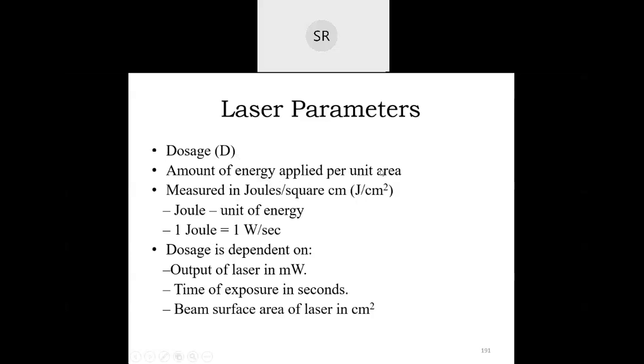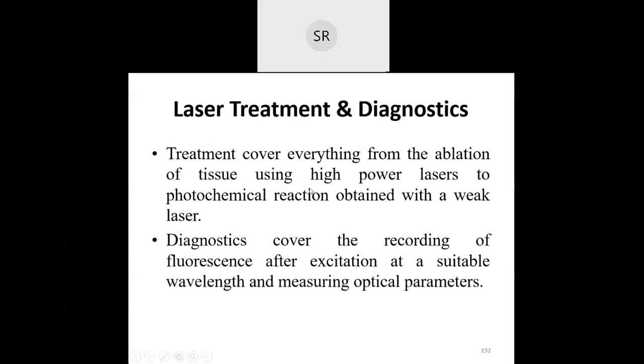If there is any cancer tissue, we use it for a given area, and how long that output is applied, the time of exposure for that particular region. Dosage depends upon the output, the time of exposure, and the beam surface area of a laser. This way we can use a laser in a treatment.